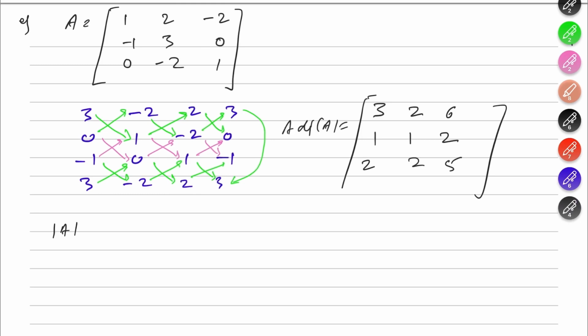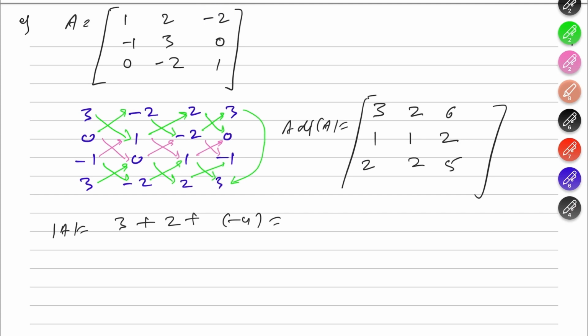Now for the determinant of the matrix, you can use any row or column. Let's say we start with the first row and the first column. So 1 multiplied by 3 becomes 3, plus 2 multiplied by 1, that is 2, plus minus 2 multiplied by 2, so minus 4.